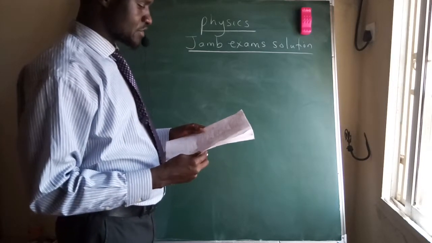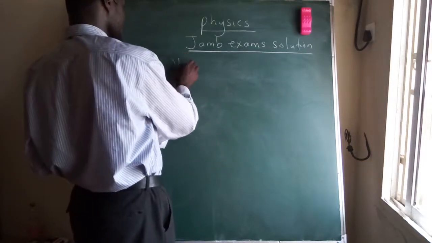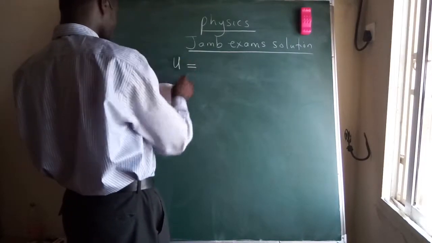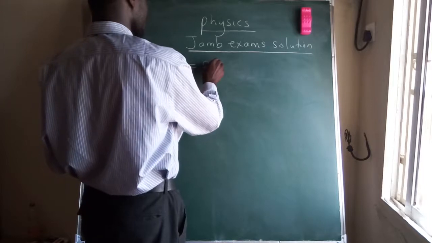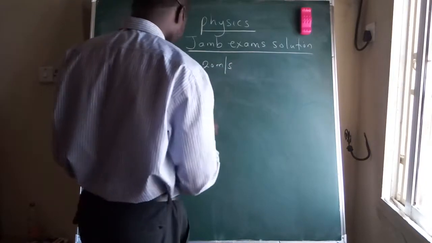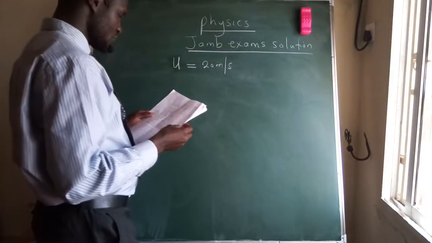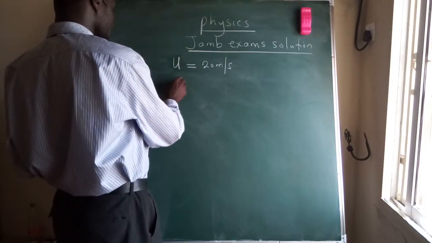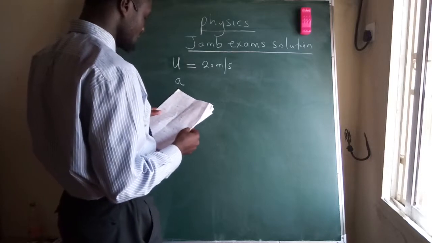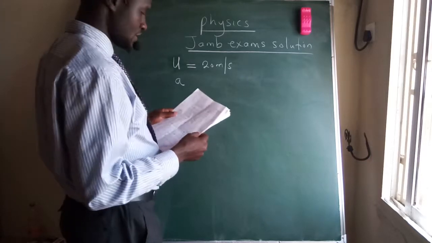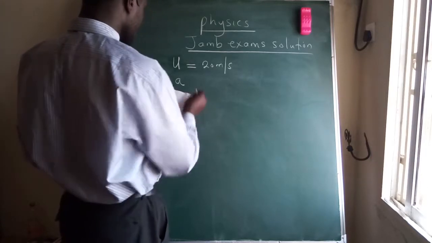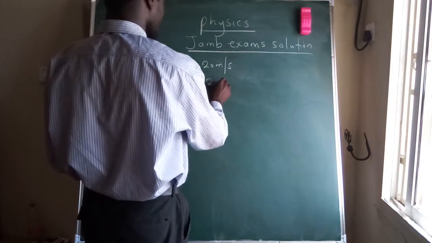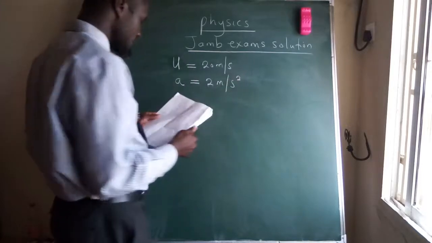A train with an initial velocity, which is u, they say is 20 meters per second, is subjected to a uniform deceleration. Deceleration is the opposite of acceleration, which always carries a negative value. So deceleration is 2 meters per second squared.